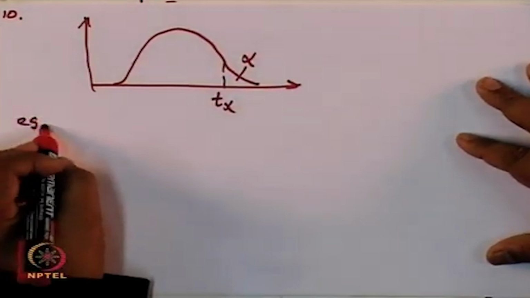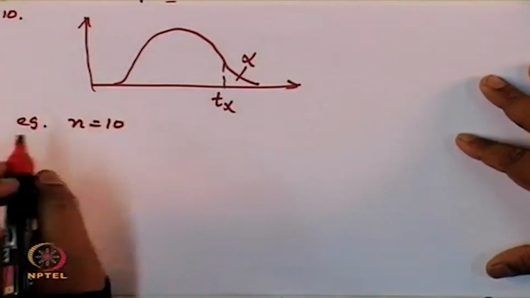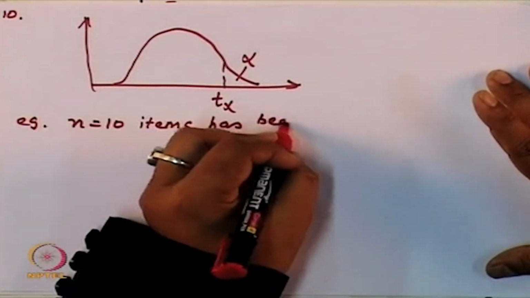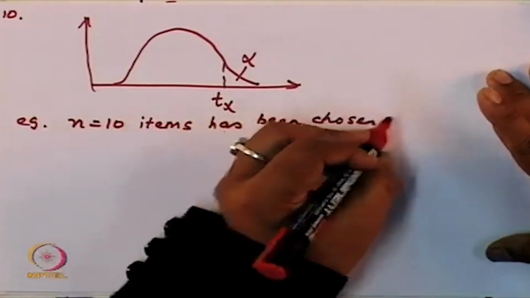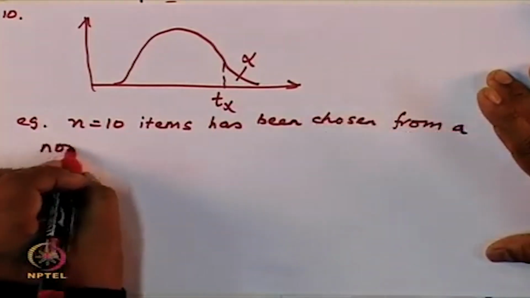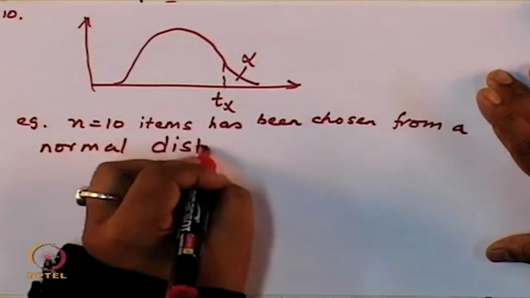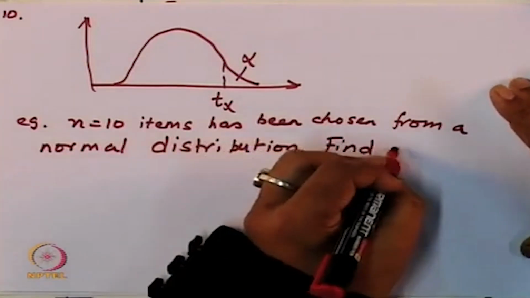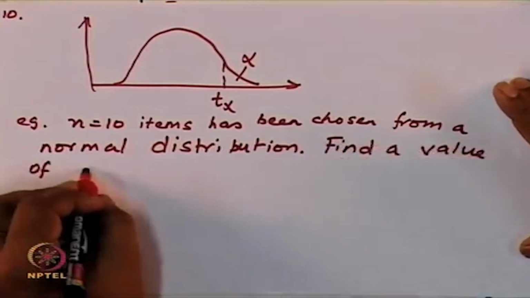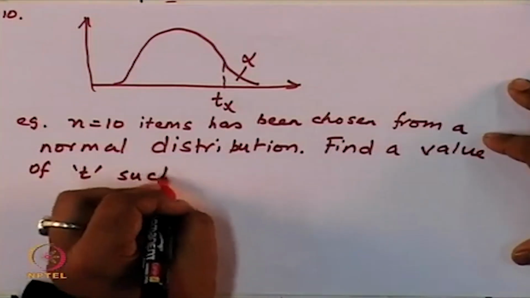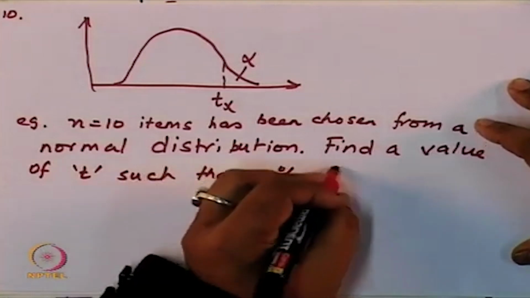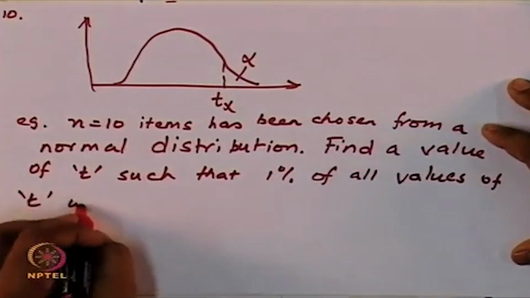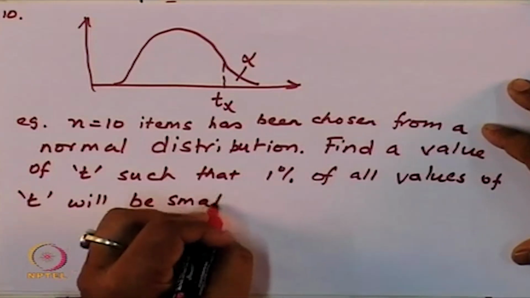So, for example, if a sample of n equal to 10 items has been chosen from a normal distribution, how will we find the value of t such that 1% of all values of t will be smaller?